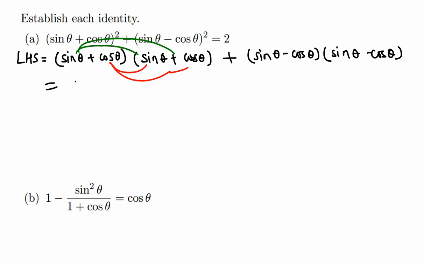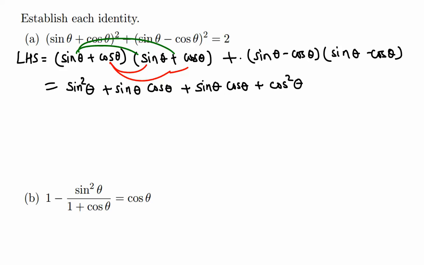So sine times sine is sine squared theta, sine times cosine, sine cosine, plus cosine times sine, which is the same as sine cosine. It's like a times b is the same as b times a. So for cosine times sine, I want to write sine times cosine, plus cosine times cosine, cosine squared theta. Then we do the same thing here.